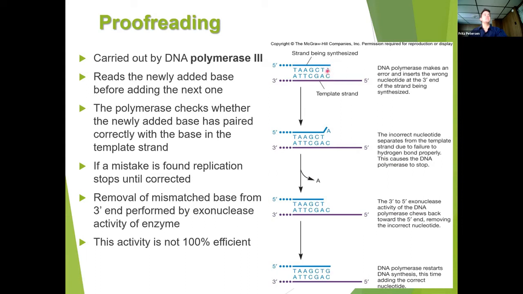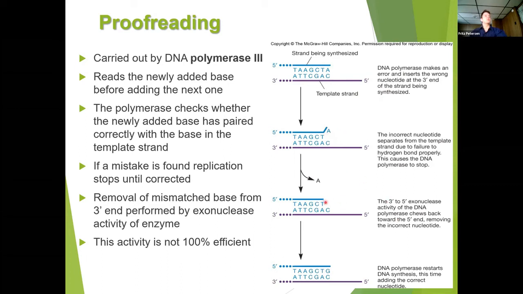This needs to be a G. This will result in a problem because the hydrogen bonds won't work, because one requires 3 hydrogen bonds and the other 2. So as the text says, it makes an error and inserts the wrong nucleotide, and because these two can't bind, the two strands won't bind together, and this will cause the DNA polymerase to stop.